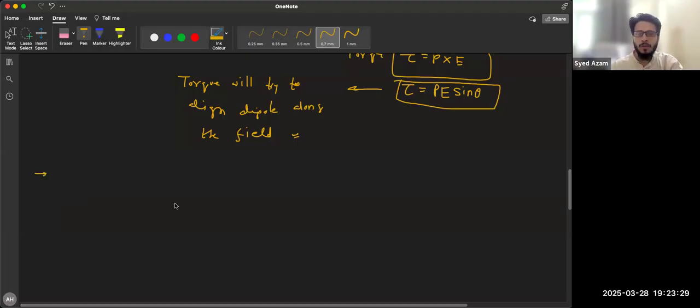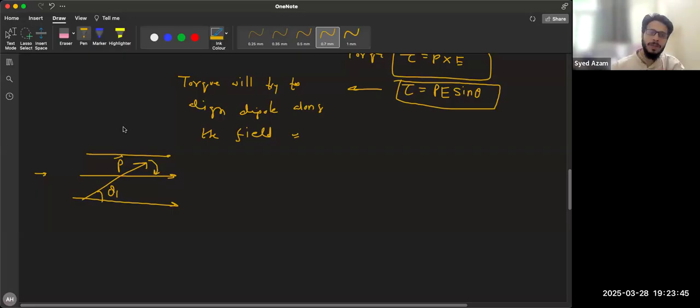Now, if you want to calculate work done, see, this is your electric field. This is your dipole moment. Initially, your dipole is at angle theta 1. Torque will try to rotate the dipole and to align it along the field. But if you want to bring this dipole against the field from theta 1 to theta 2, then you have to do some work.